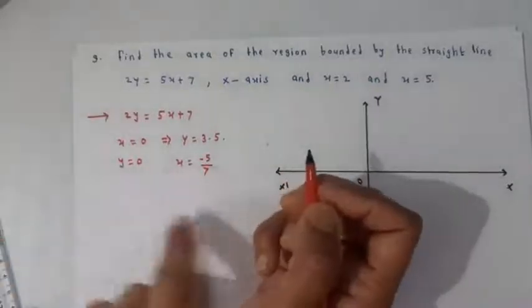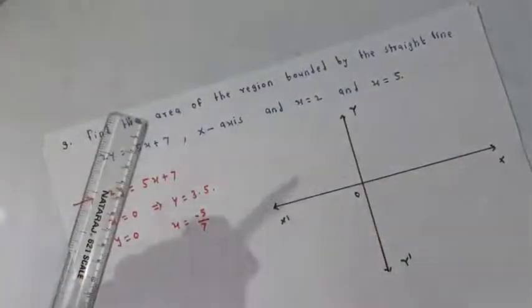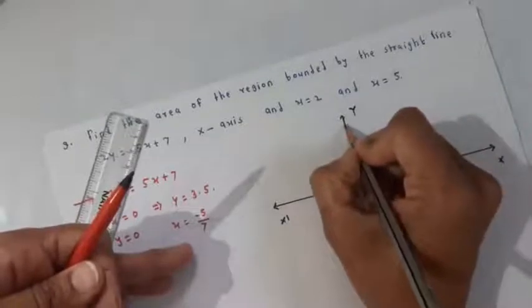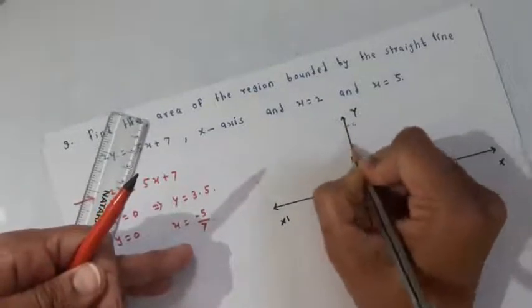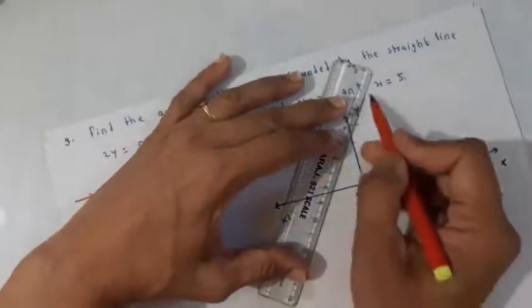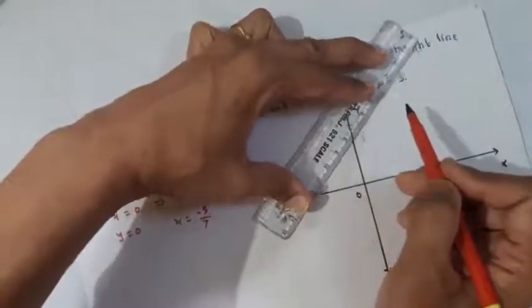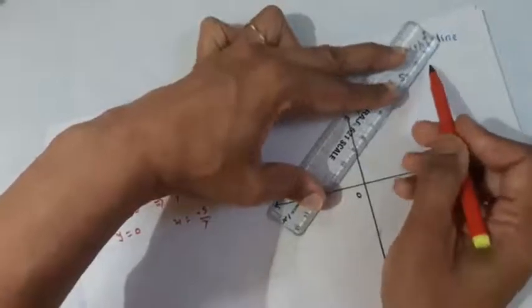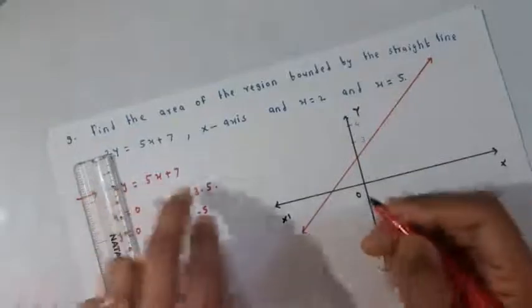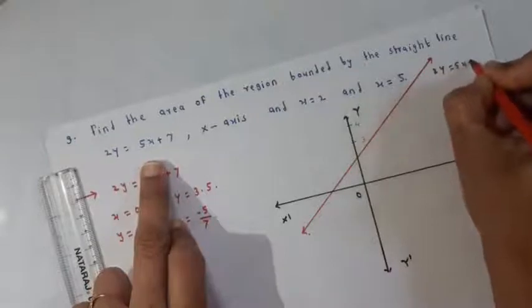In this way, the line is passing through here. Suppose the line is passing just like this, with y equal to 3.5 here and the x-axis from here. Suppose this is the line 2y equal to 5x plus 7.